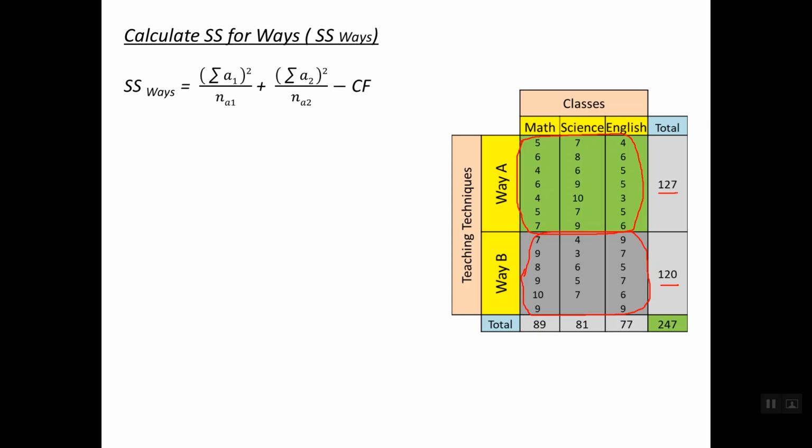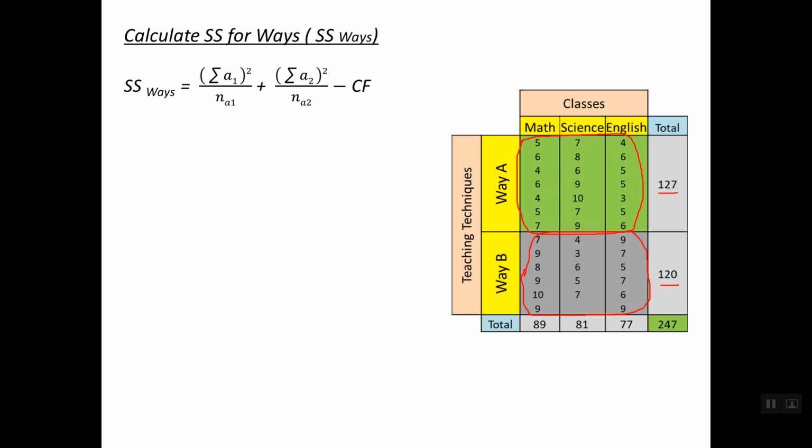So the SS for this factor is the summation of A1 squared, divided by N sub A1.